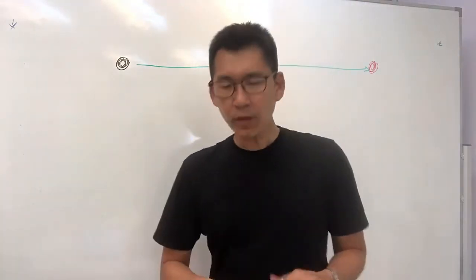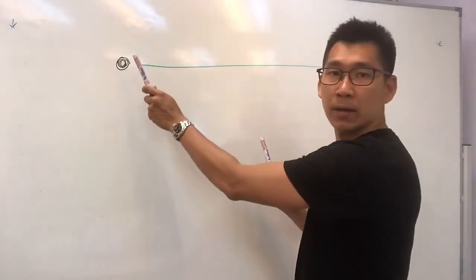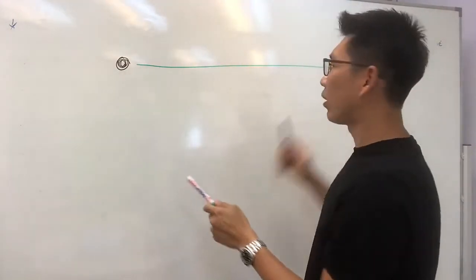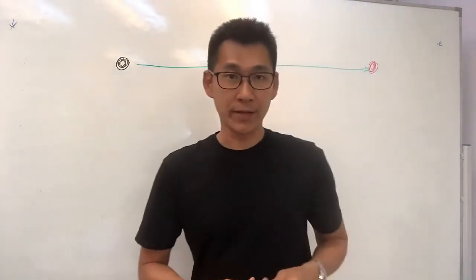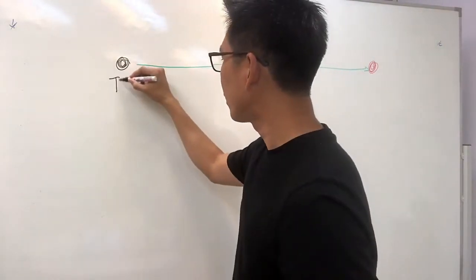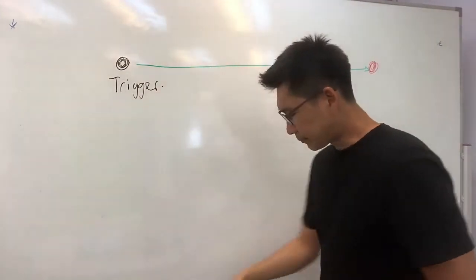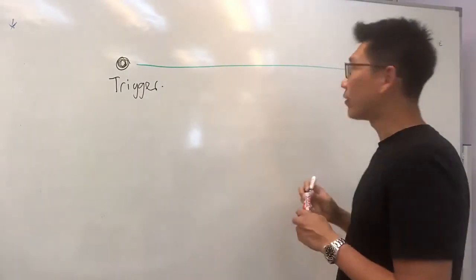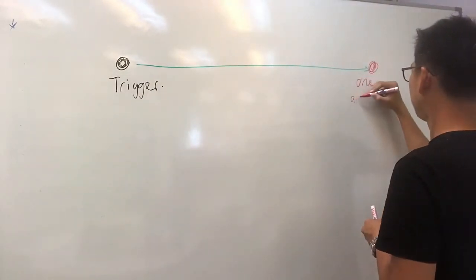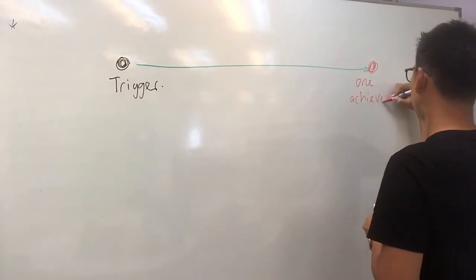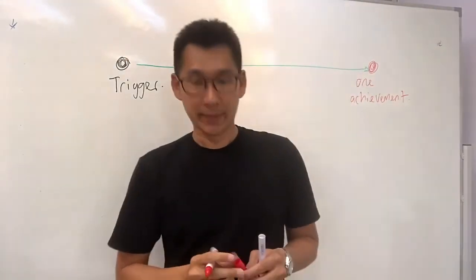So for every single prospect that we have, we always have this black dot and this red dot. Let me explain here. In my own definition, I call this the trigger. And then I call the red dot the one achievement.